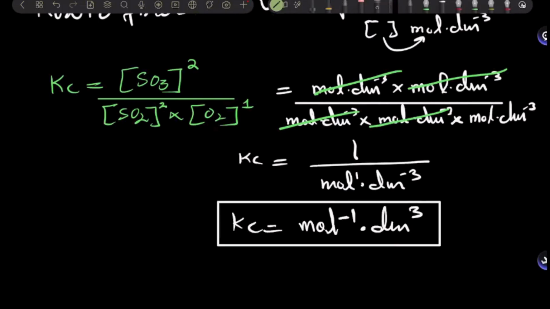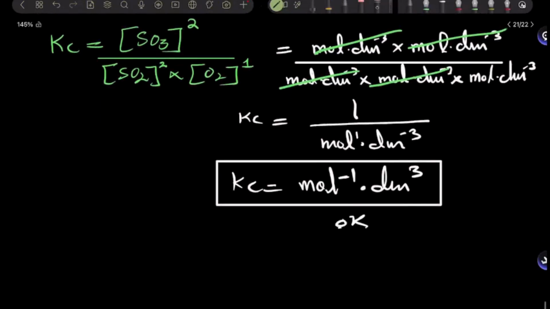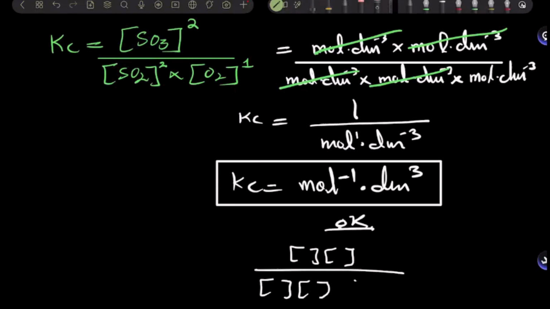Now it's very hectic to write mole per dm cube so many times. So you can do it like this also: just write the square brackets. Now you know that one square bracket represents mole per dm cube, right? So just write two square brackets on the top, because it's a square. And then how many square brackets on this lower side? You have 3. So this square bracket will cancel out with this, this cancels out with this. Now replace the unit.